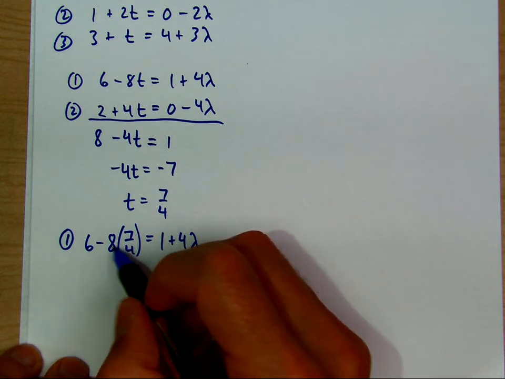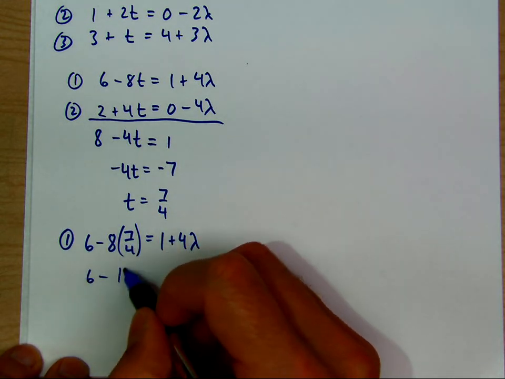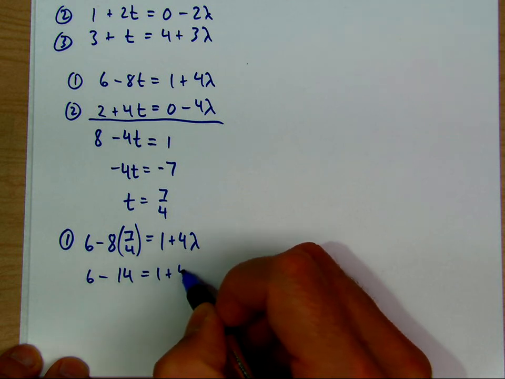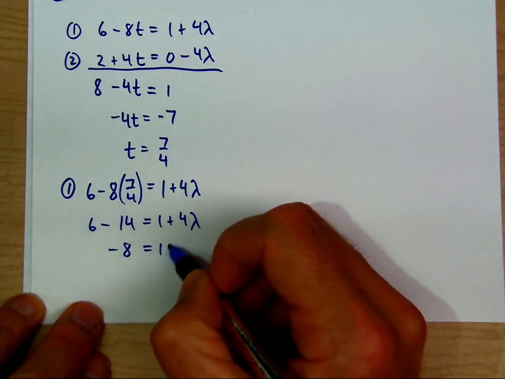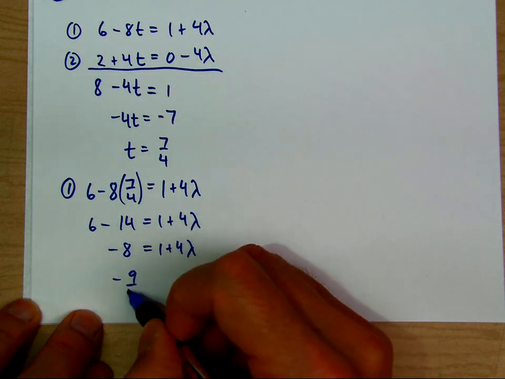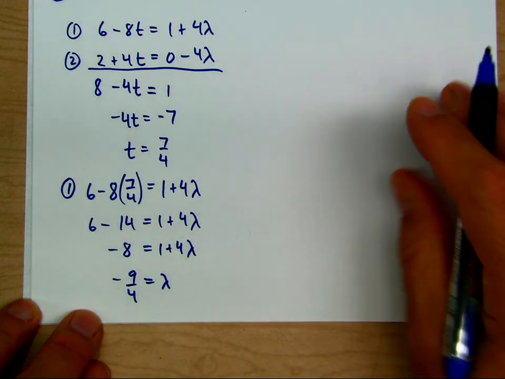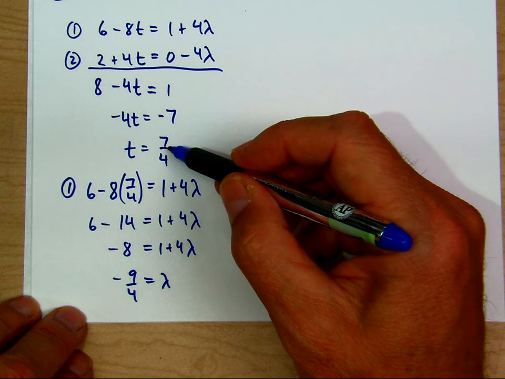Reduce the 8 and the 4, so that'll be a 2 times 7, 14. -8. We get negative 9 over 4 is lambda. So we want to make sure that we don't say that the solution or the intersection is 7/4 and negative 9/4.